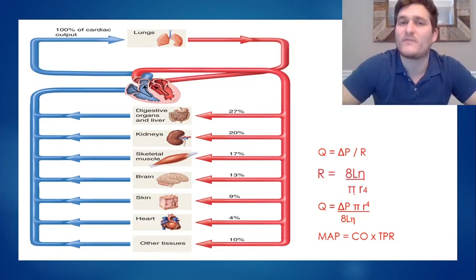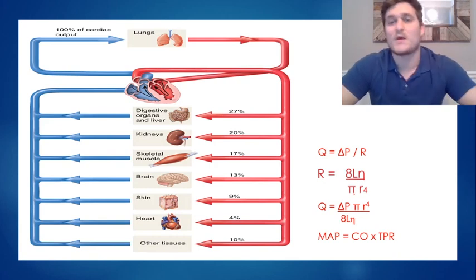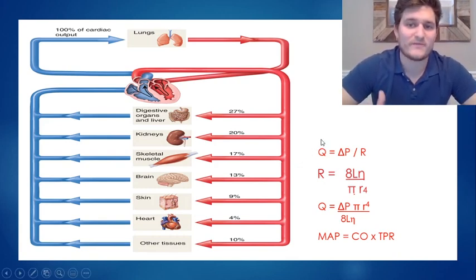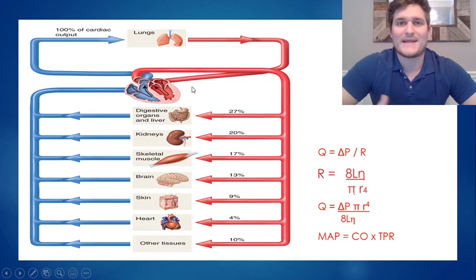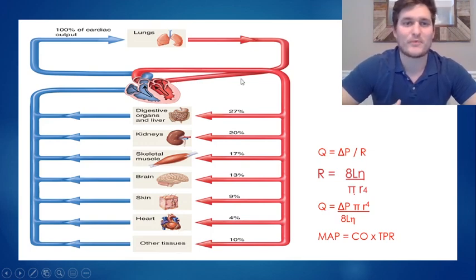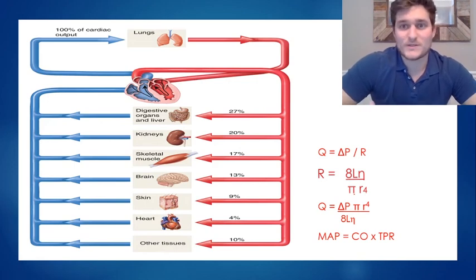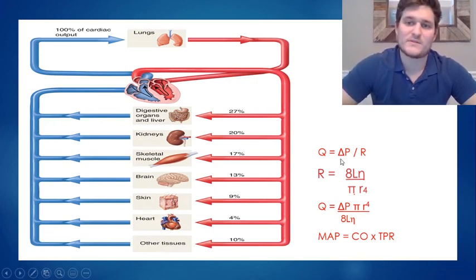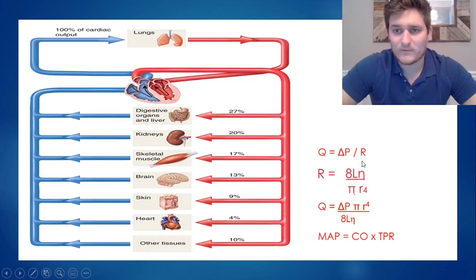We have many different variables that we are concerned about when it comes to the cardiovascular system. One of the most important ones is blood flow, because we want to ensure that the blood is being distributed properly across the body in order to make sure that different functions behave properly at rest. Blood flow is going to be dictated by delta P, the difference in pressure, over resistance.